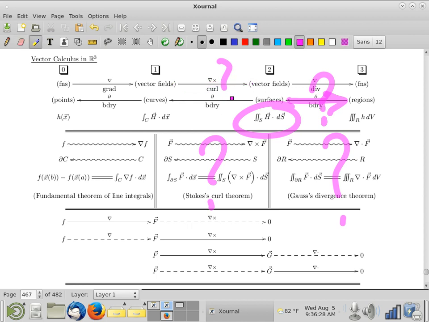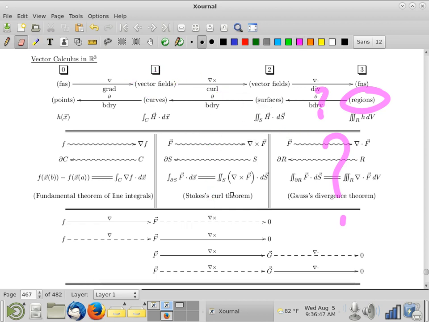So saying these a little bit more directly, is there a vector field whose curl is the vector field you were given? Is there a region whose boundary is the surface you were given? Those are the two questions that would have to be resolved in order to use these two theorems if you want to compute a flux.